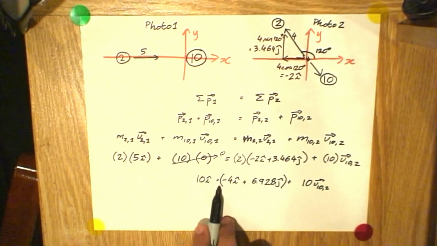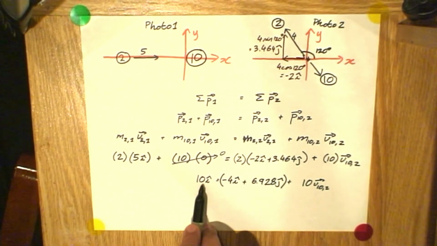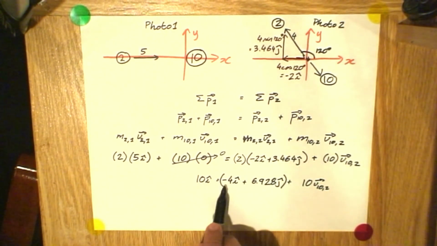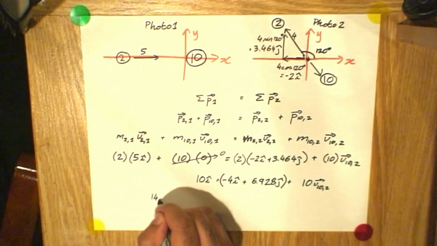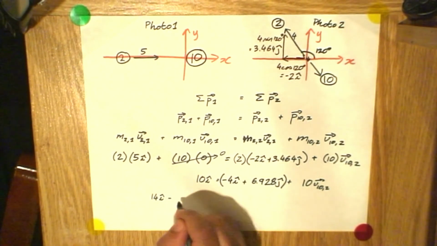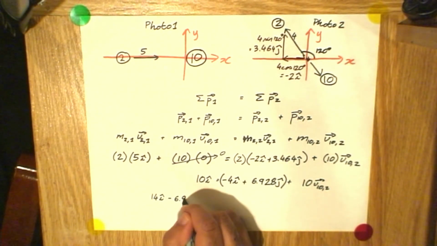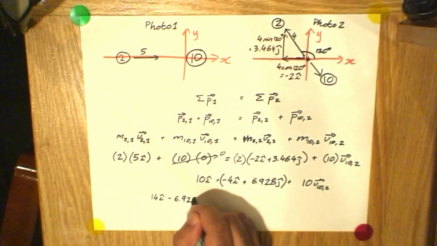Now, let us move these vectors to the other side. If I add 4 i hat to both sides, that's going to give me 14 i hat minus 6.928 j hat.